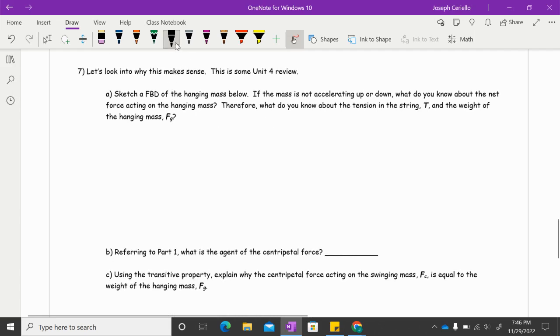If we draw a free body diagram for the hanging mass, so here are my washers. We have the force of gravity pulling down. We know the force of gravity is going to be 1.37 newtons here. We just calculated it. And we have tension pulling up.